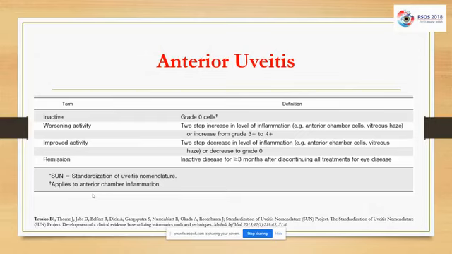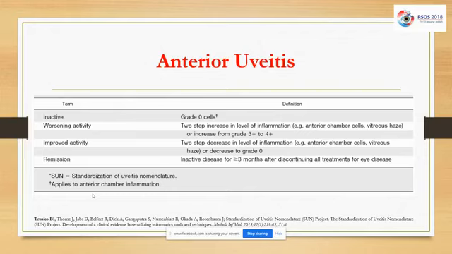The inflammation will be inactive if the patient reached grade 0 cells with your medication and management. Worsening activity means that there is a two-step increase in the level of inflammation with follow-up, in the anterior chamber cells or vitreous haze, or an increase from grade 3 to grade 4. Improved activity means that the patient has a two-step decrease in the level of inflammation.